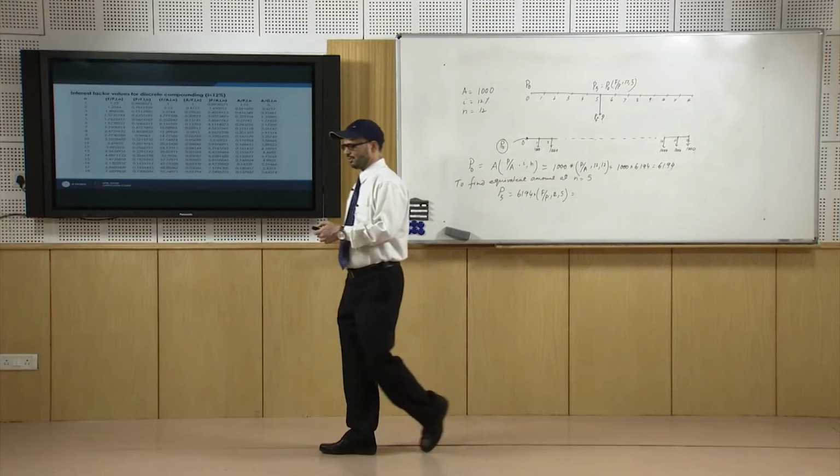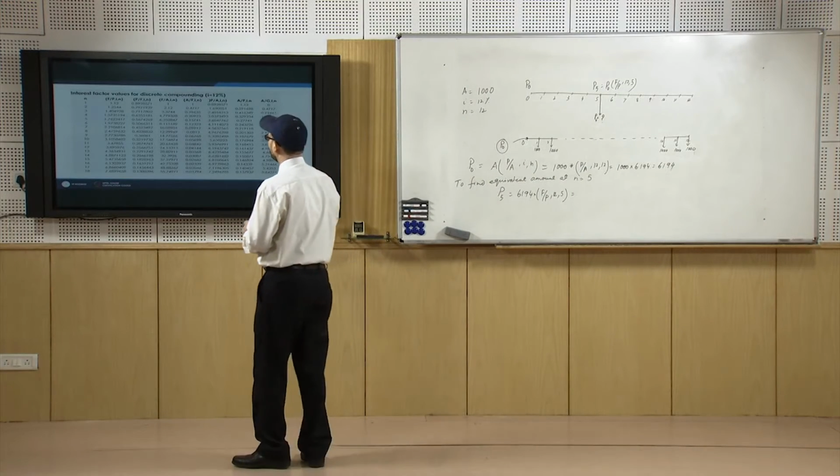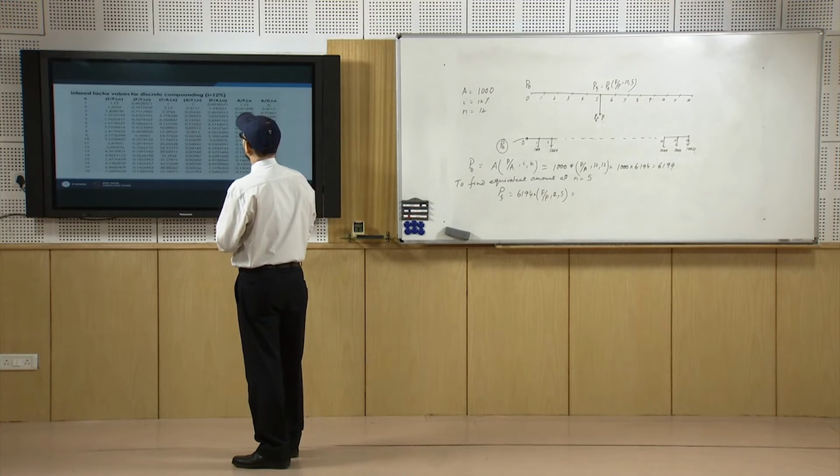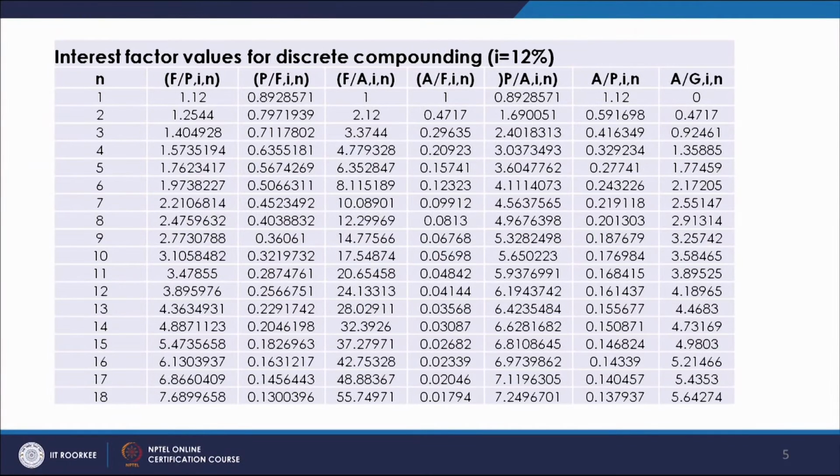Now, F by P 12 5, again we have to see the value. F by P 12 5 is 1.7623.